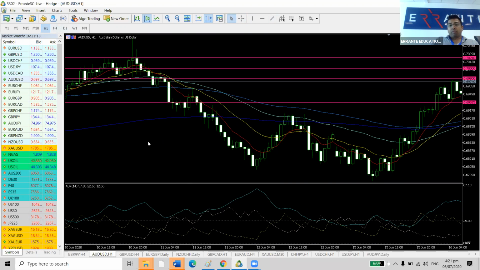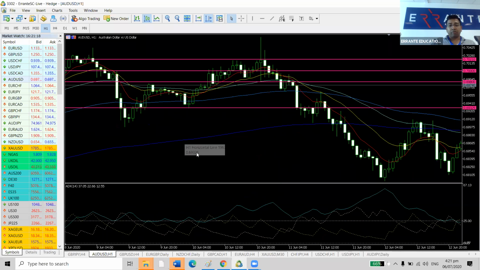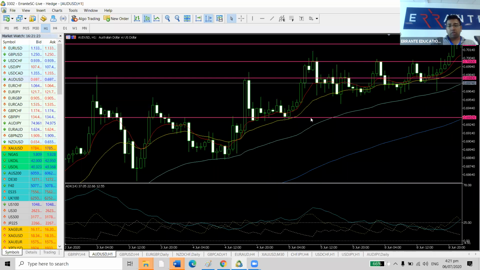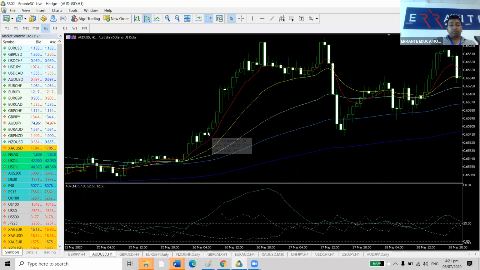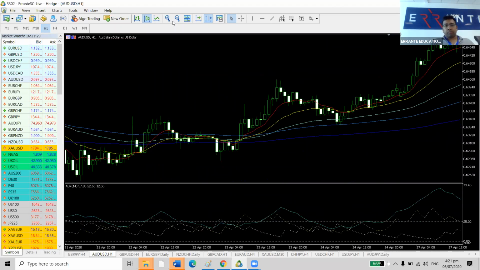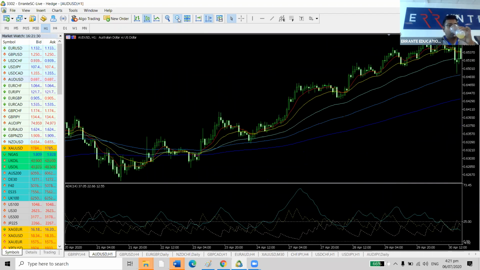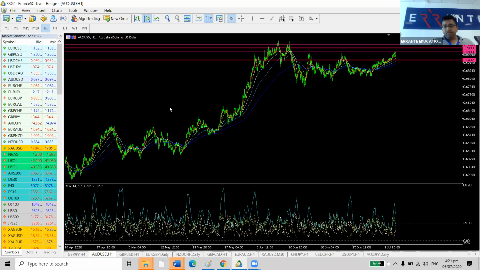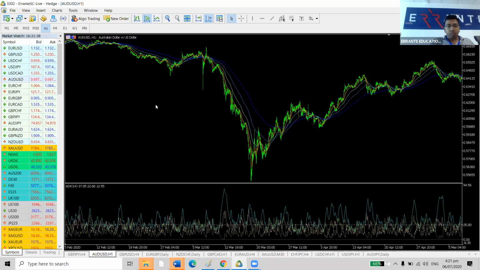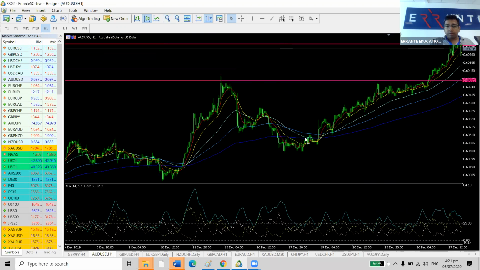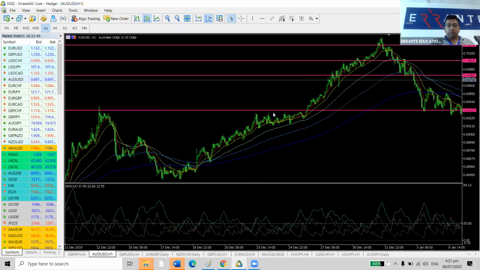Do we have a larger or longer bearish mother candle to the left? Let's explore a little bit. We have some here, not really reaching that area right there. Okay, let's see. Perhaps around here. Not really.